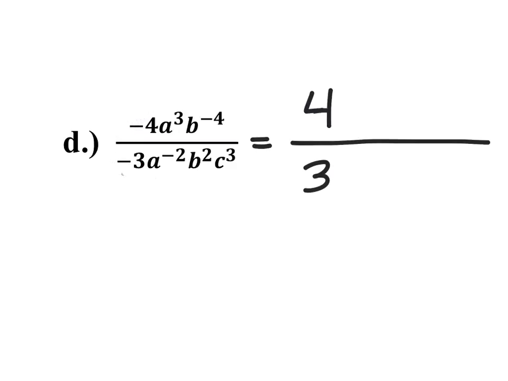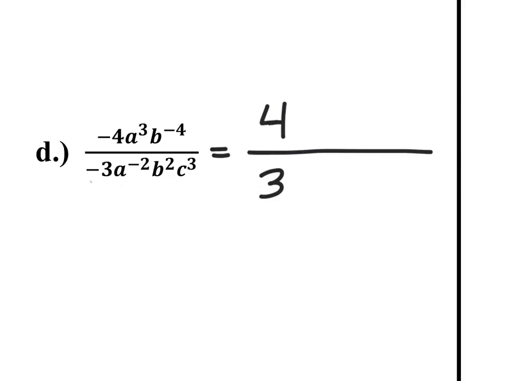So if I move a to the top, put this one up to the top because I'm moving it to the other side, and then I have to move this b to the negative 4 down. So let's rewrite it. A to the third is still on the top. Adelaide, what other a is up there now?